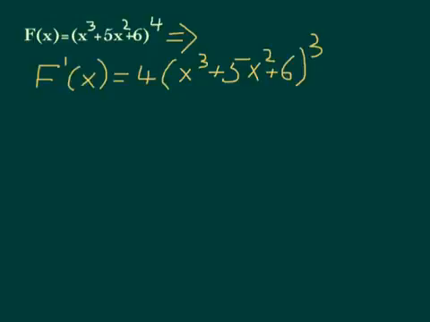So the derivative of x to the power of 4 is 4x to the power of 3, and we've done exactly the same. We've just kept the other function inside. Now, we're not finished. We need to multiply it by the internal derivative, and that will be 3x squared plus 10x.